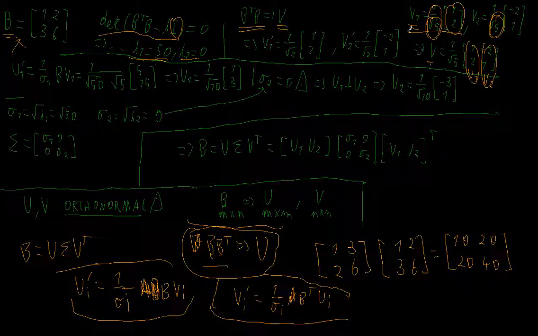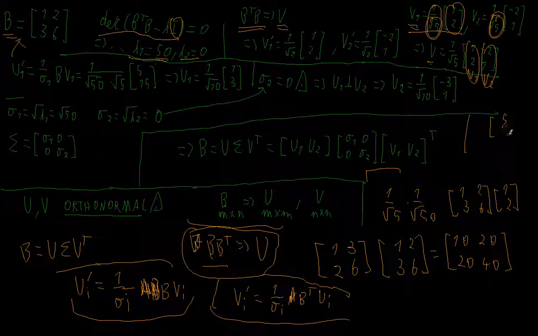V sub 1 is here, so we have 1 over square root of 5 times 1 over square root of 50 times 1, 3, 2, 6 times 1, 2. That gives me the vector 5, 5 and 12 plus 3, so 15. That's what's written here.